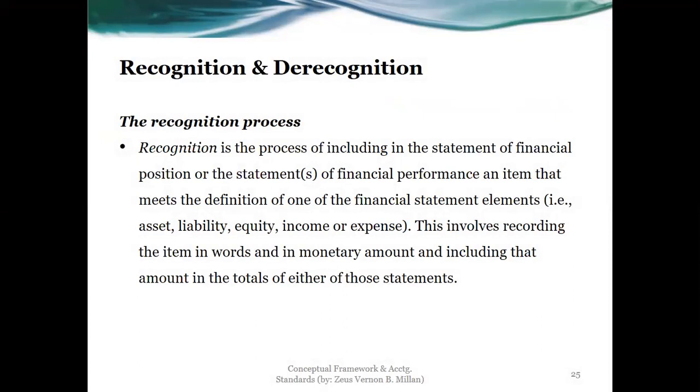We have known already what these financial statement elements, also known as accounting elements or values, are. So recognition is basically the inclusion of these items on the financial statements.